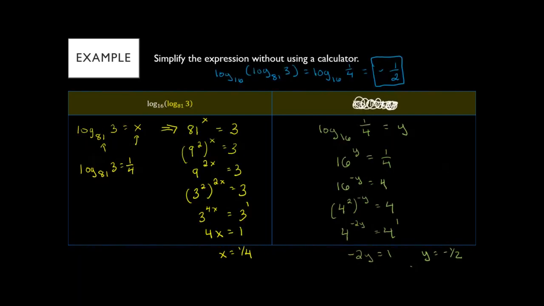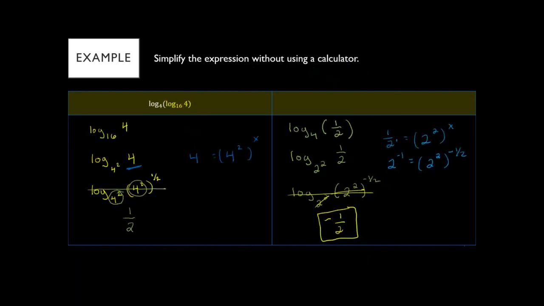So this method takes more steps, but I think it's easier for people to understand. This method is much shorter as far as what you're writing down, but mentally, I think it's harder on your brain because you really have to think about your exponents and you're trying to manipulate numbers into something else.